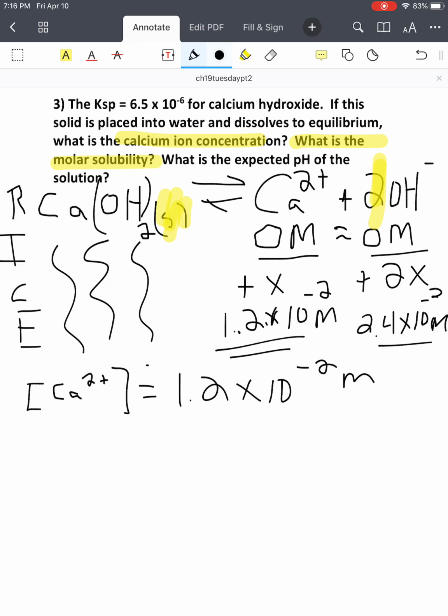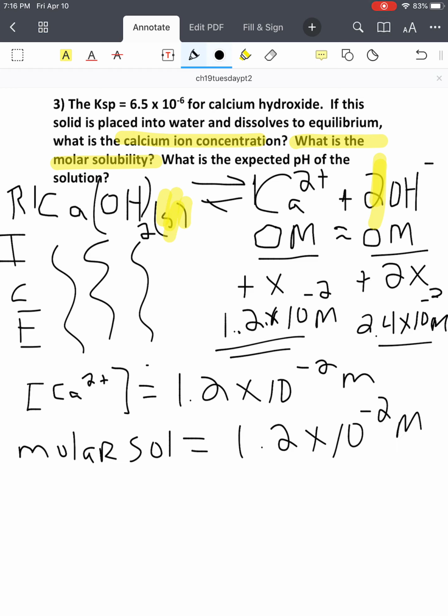Well, since it's a 1-to-1 ratio, the molar solubility is the same as x, because that's how much of that stuff we can get to dissolve: 1.2 times 10 to the minus 2 moles per liter.